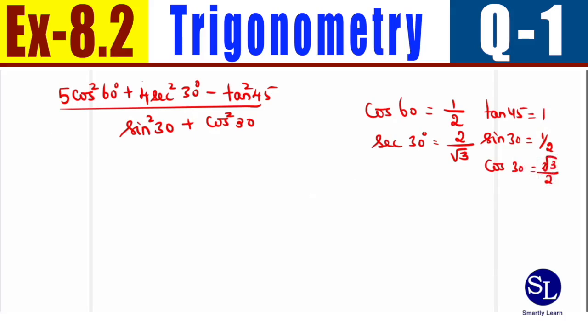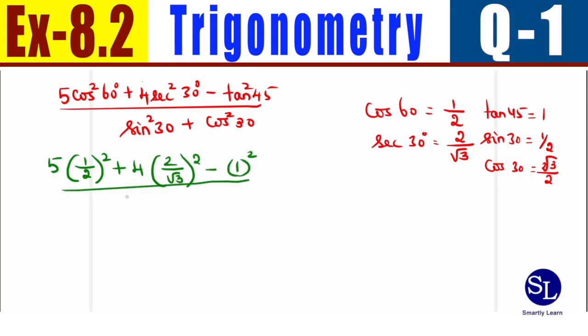Let's start the substitution. So this is 5 into cos squared 60, which is (1/2) the whole square, plus 4 into secant squared 30, which is (2/√3) the whole square, minus 1 the whole square. The whole thing divided by sin square 30, (1/2) the whole square, plus (√3/2) the whole square.